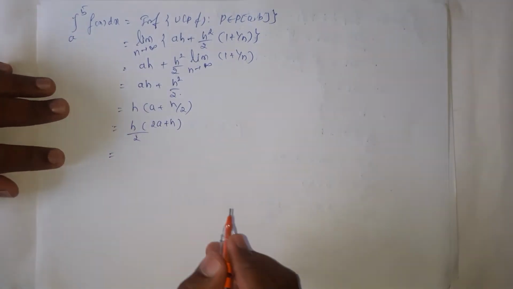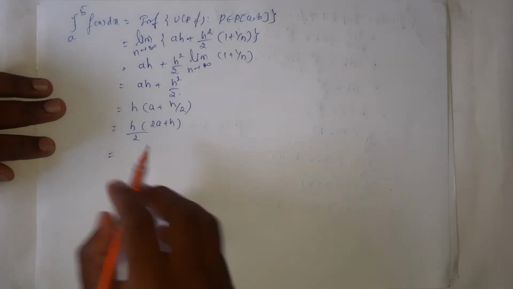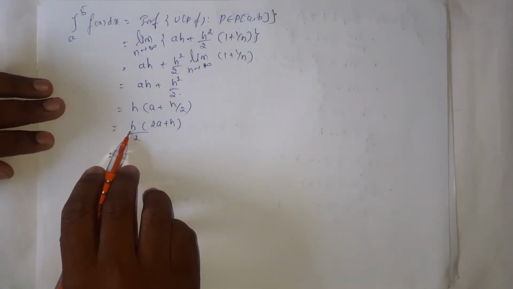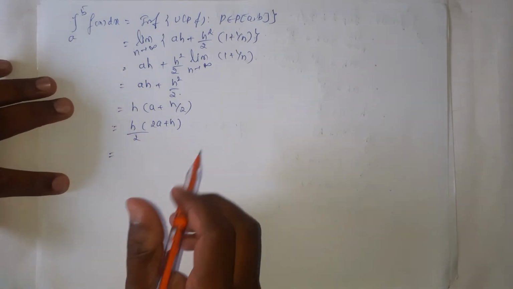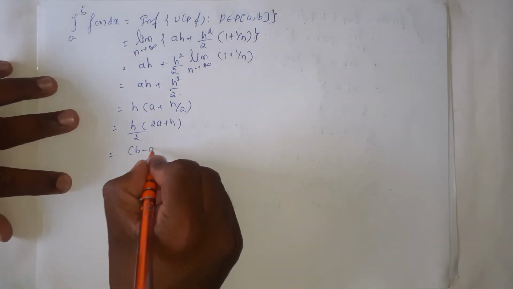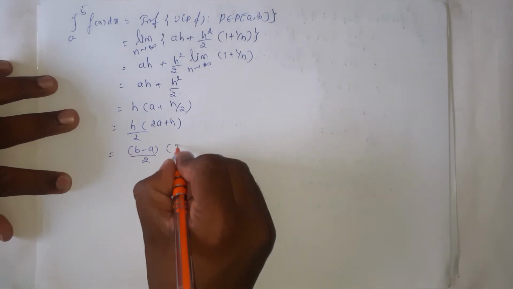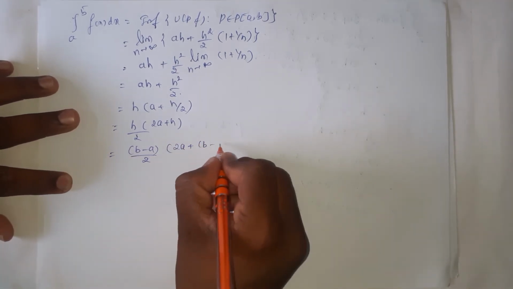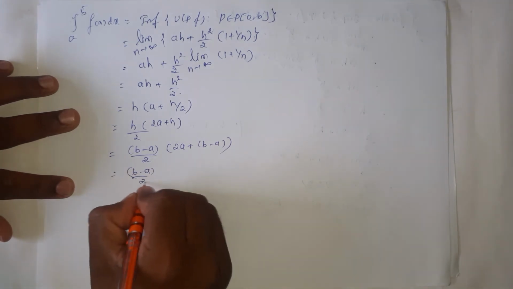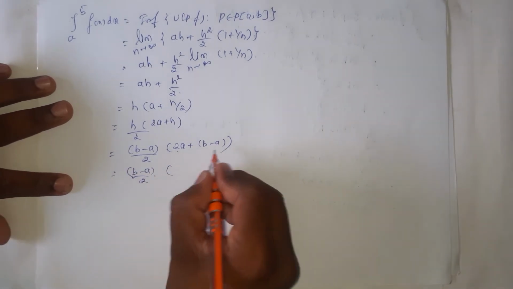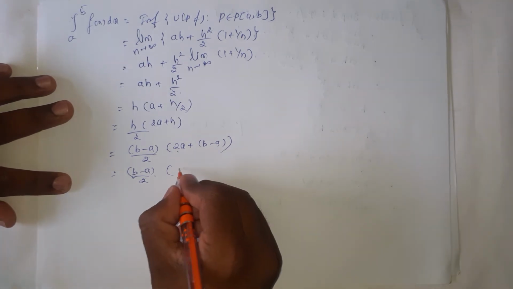Now we already know the value for h, that h equals the length of the given interval [a, b], then h equals b minus a. So therefore this one is (b minus a) by 2, and this is 2a plus b minus a. So therefore it is (b minus a) by 2 into here 2a minus a, that becomes a.